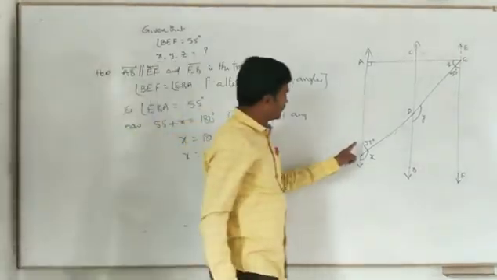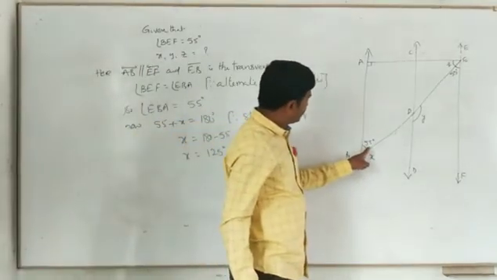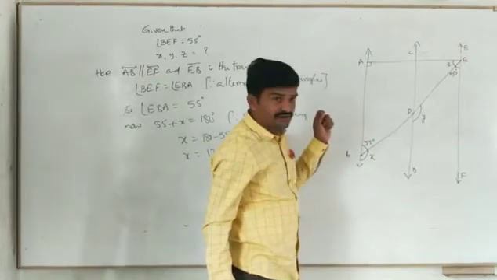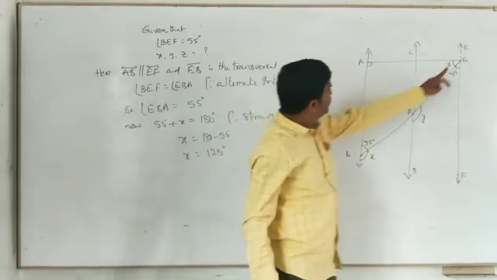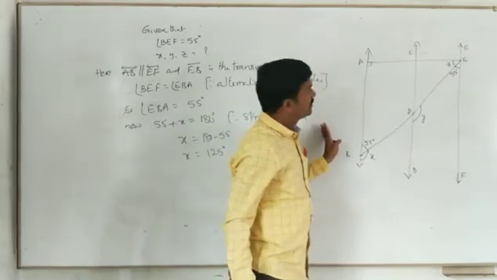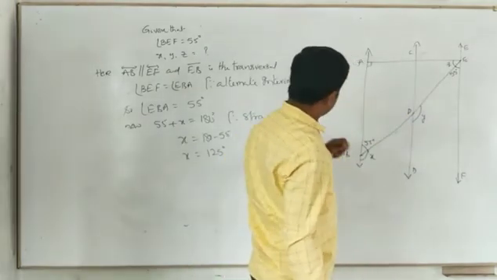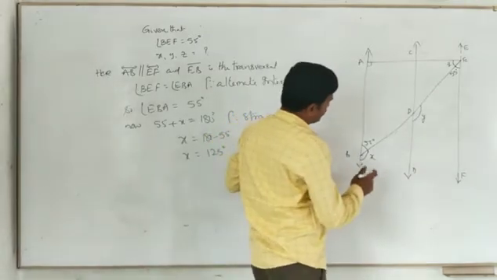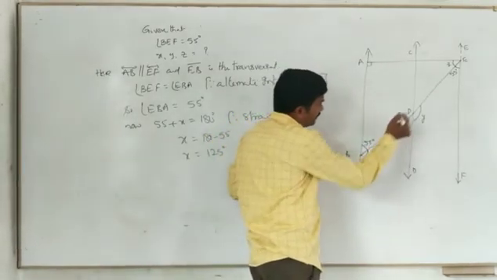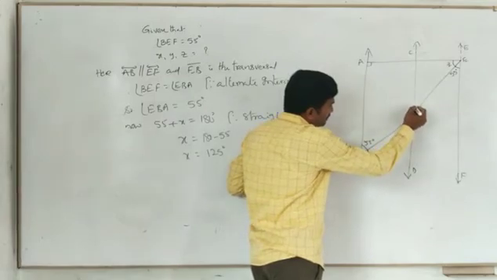This is 125. If it is 125, I think Z is also 125 or not? No, this angle and this angle are alternate angles. Am I right? Okay. And then, look here. It is how much we got? 55. If it is 55, then this is how much?